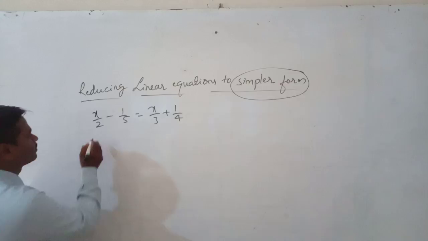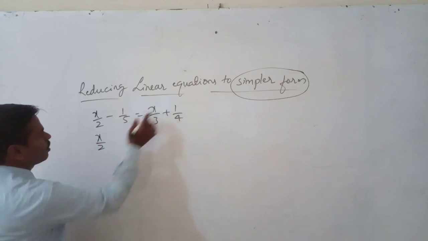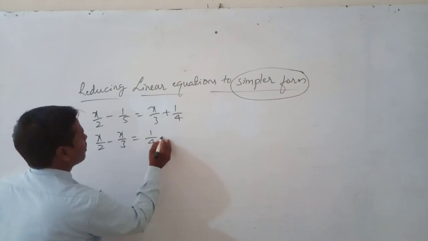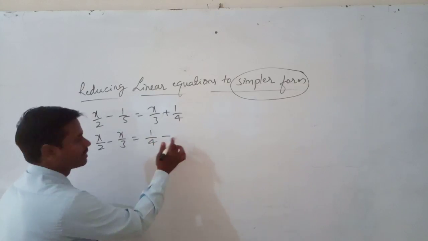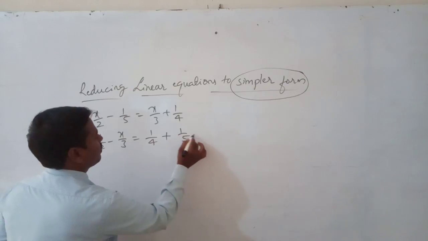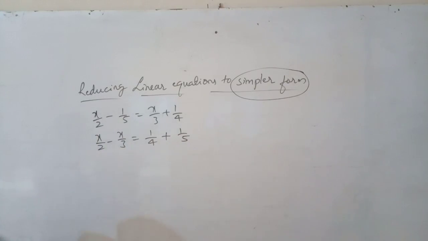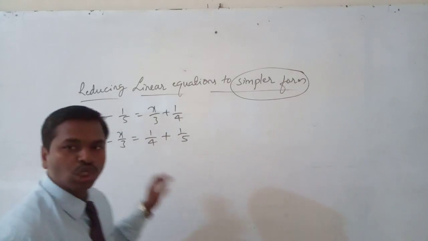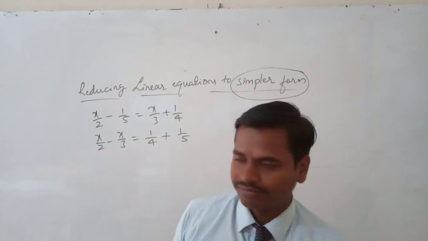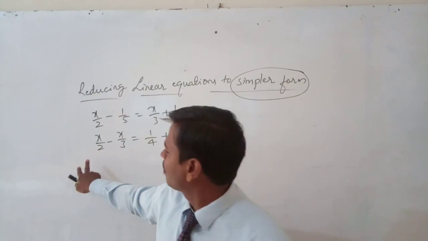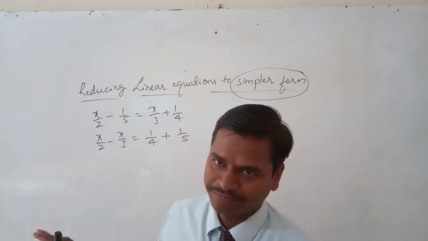x by 2 minus x by 3 equal to 1 by 4, minus will become plus, plus 1 by 5. Now observe both sides. On the left side, two denominators are there, 2 and 3. LCM of 2 and 3 is 6.